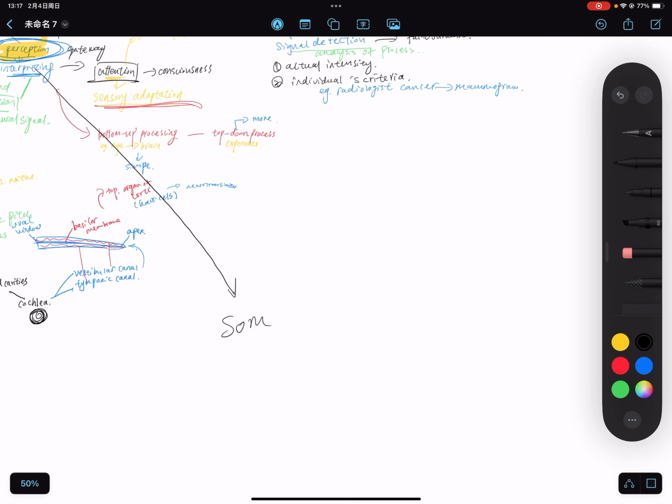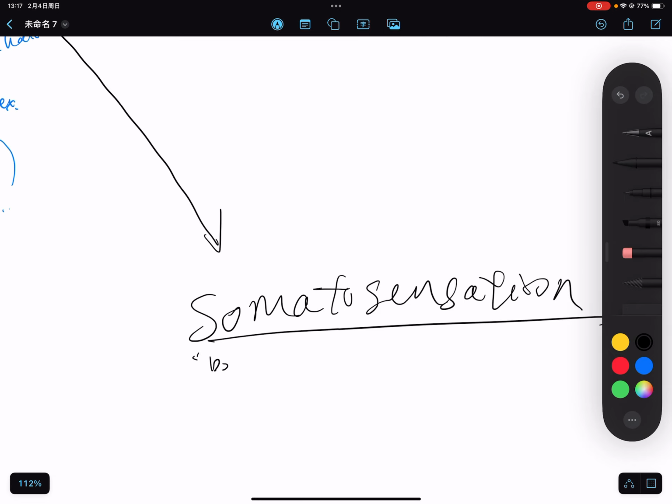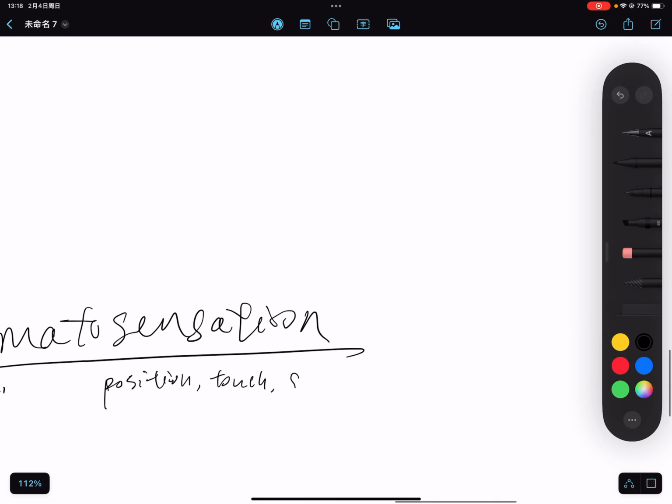This is called somatic sensation. Somatic means body. So the body senses include body position, touch, skin temperature, and pain.